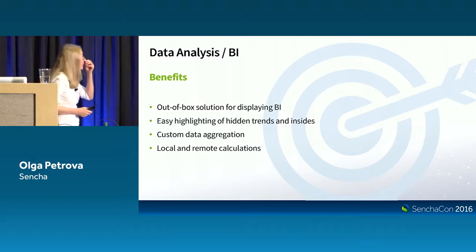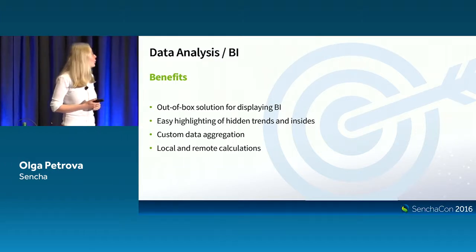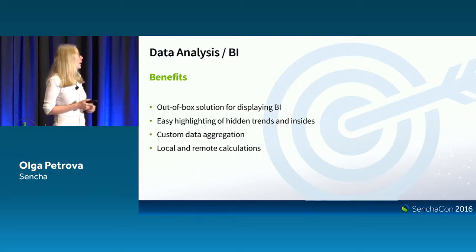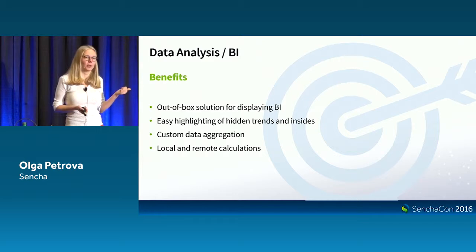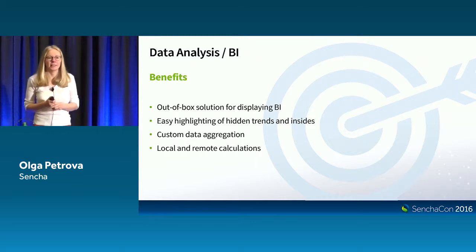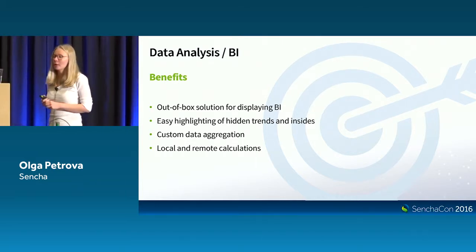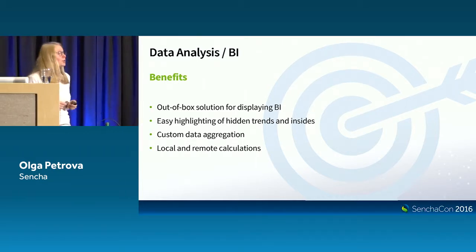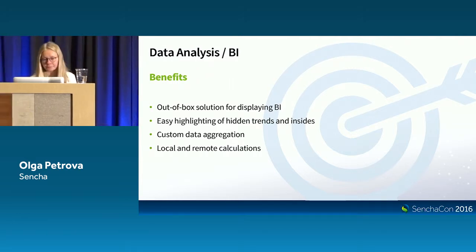What benefits does it give you? An out-of-box solution for visualization of data analysis results, and any kind of custom aggregation. If you choose local data aggregation, we could talk about a BI Lite solution, or you may choose complex, sophisticated data aggregations on the server, and only visualize data in private grids.